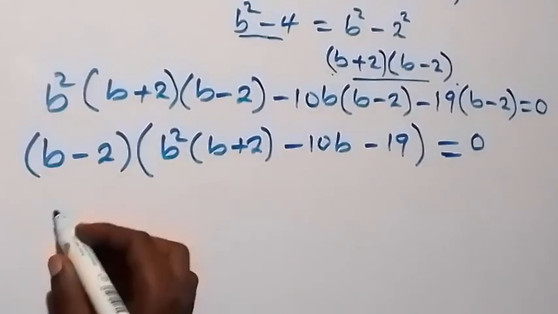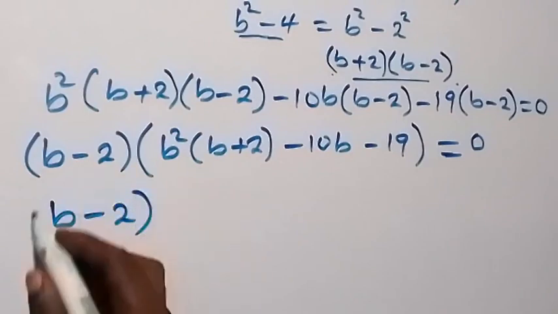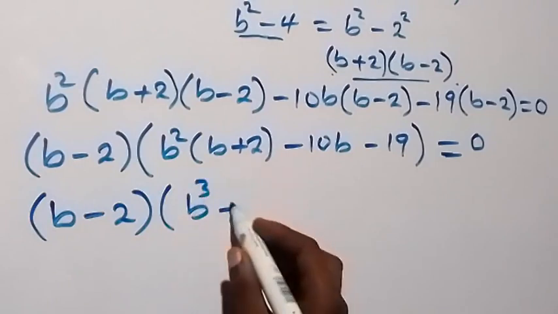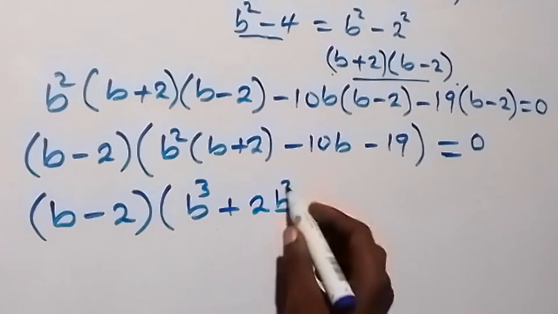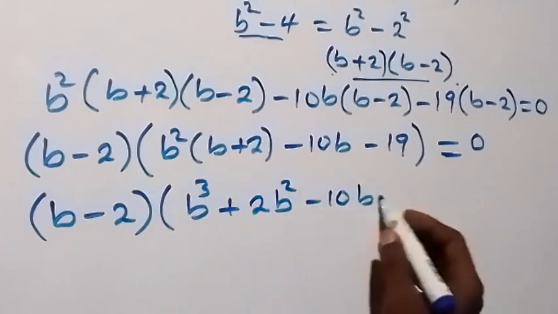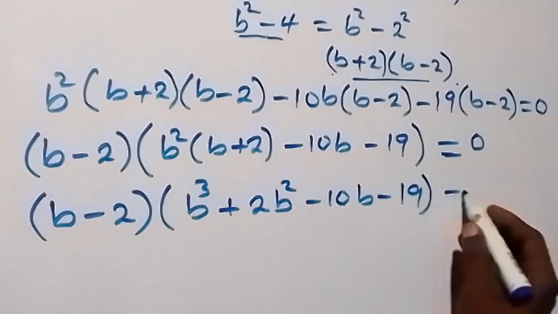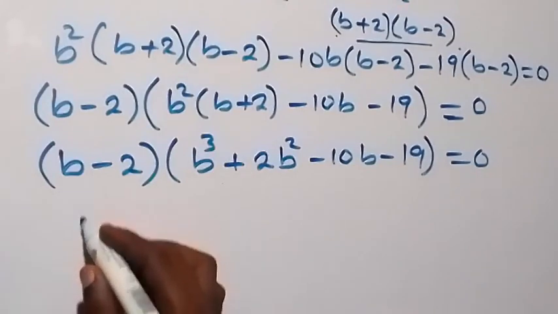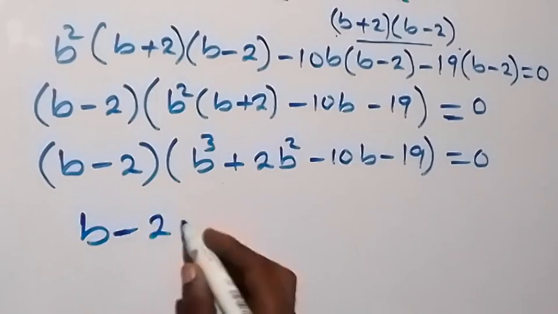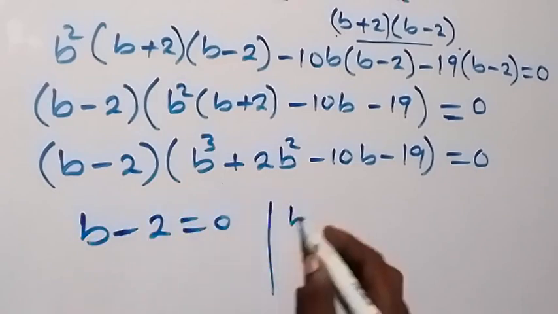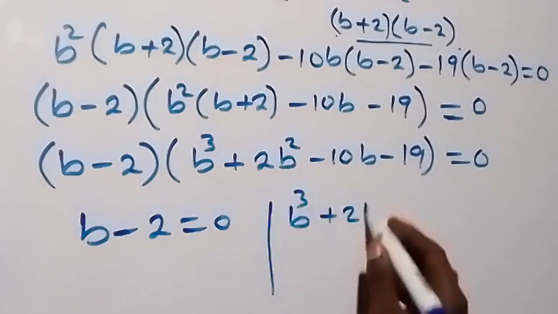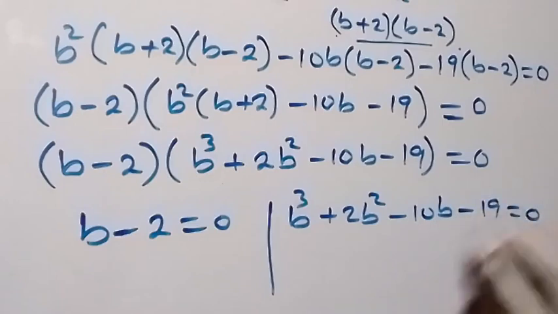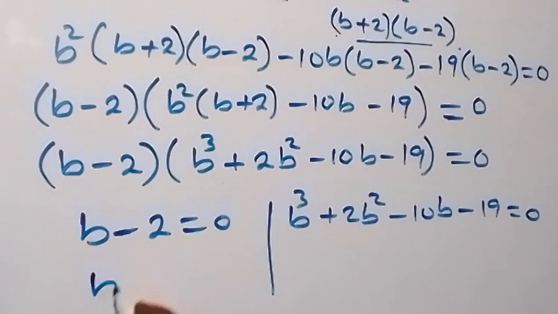Then we can write it again as b minus 2 into bracket b raised to power 3 plus 2b square minus 10b minus 19, close bracket, equals to 0. Then from here, we have two cases. Either b minus 2 equals to 0, or we have b cubed plus 2b square minus 10b minus 19 equals to 0. On this side, we have b equals to 2.